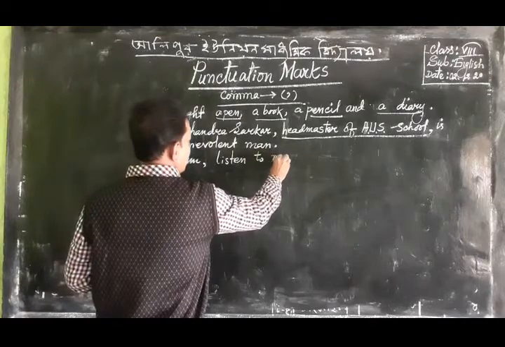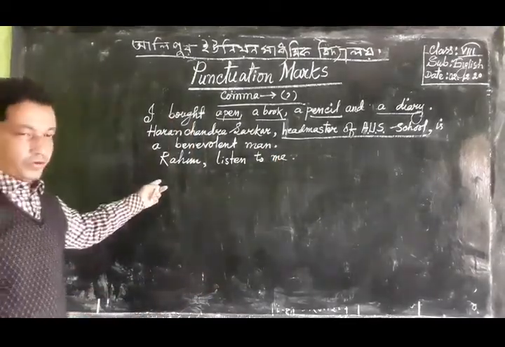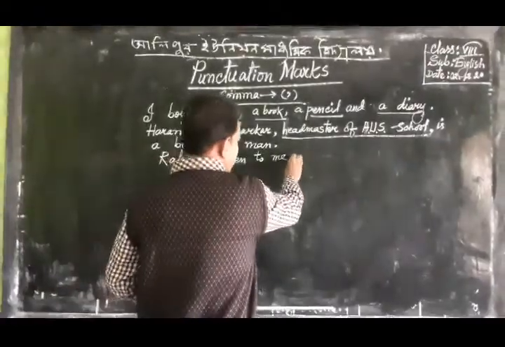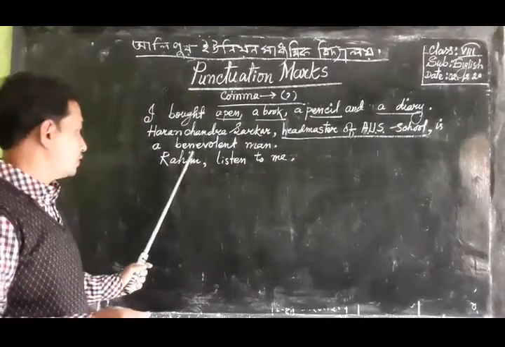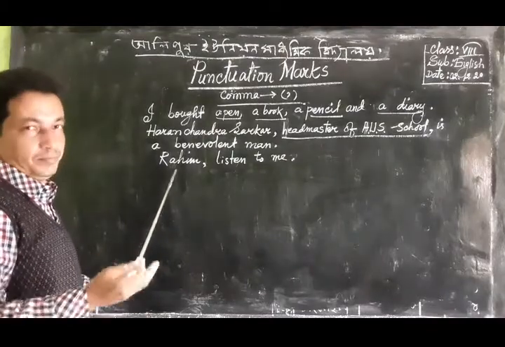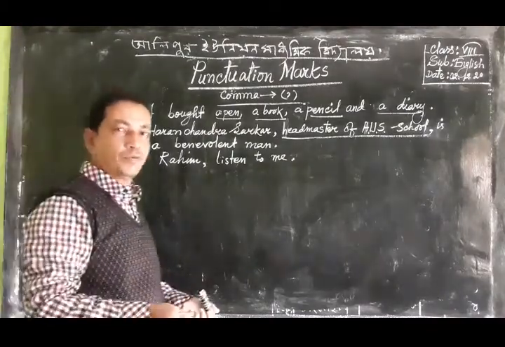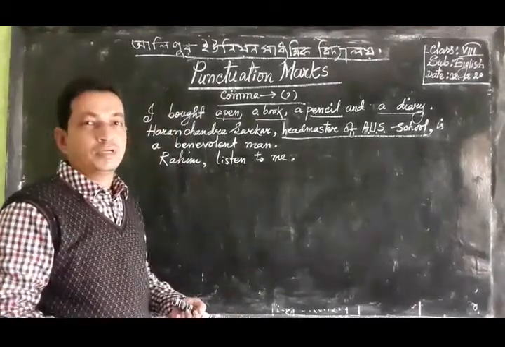I have written, Rahim, listen to me. Rahim, listen to me. Rahim is a vocative case because I call the man or boy by name, and his name is Rahim, and so I am calling Rahim. Rahim, come here. Rahim, listen to me.